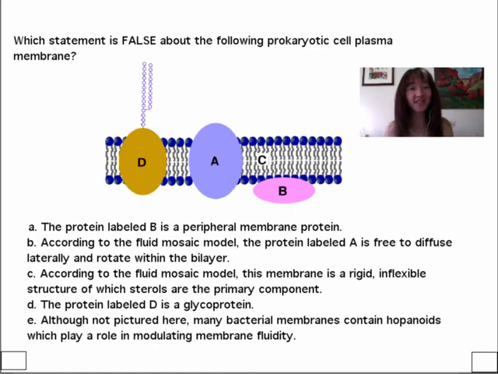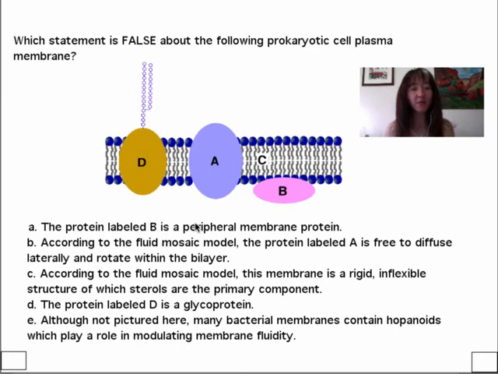Let's end our coverage today with a quick practice question that will allow us to review our knowledge of the fluid mosaic model. So looking at this picture, we can see that we've got a membrane with peripheral membrane proteins, we've got integral membrane proteins, and a somewhat labeled phospholipid bilayer, at least the region with the tails of the phospholipids is labeled C. So let's see if we can use this picture to help us answer the question.